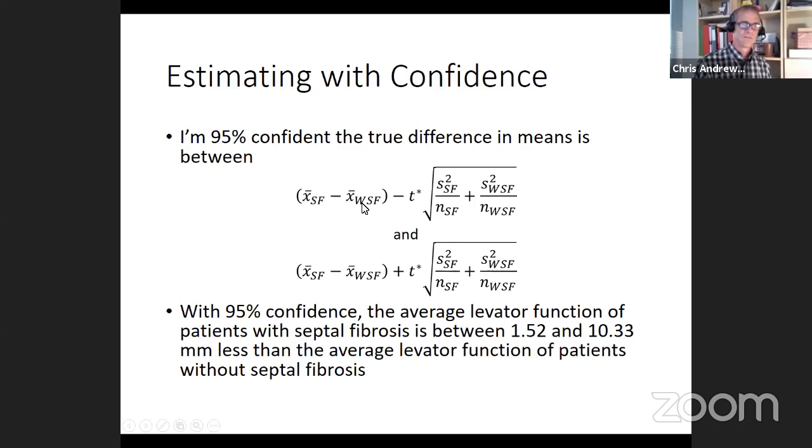We take the difference in our sample, subtract a margin of error, take the difference in our sample and add that same margin of error, and say with 95% confidence, the true difference in levator function averages is between this and that. With 95% confidence, the average levator function of patients with septal fibrosis is between 1.52 and 10.33 millimeters less than the average levator function of patients without septal fibrosis.